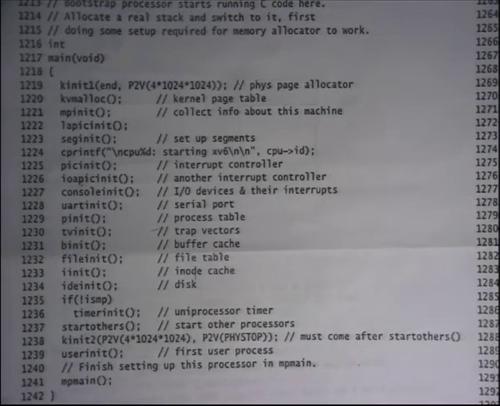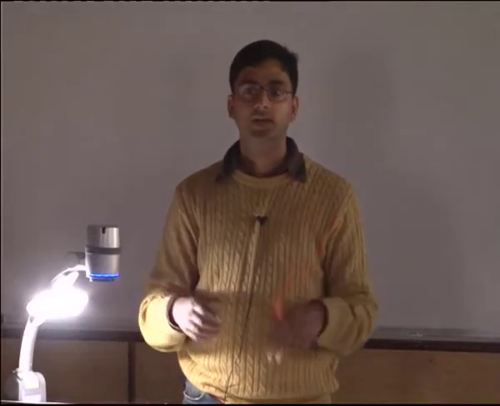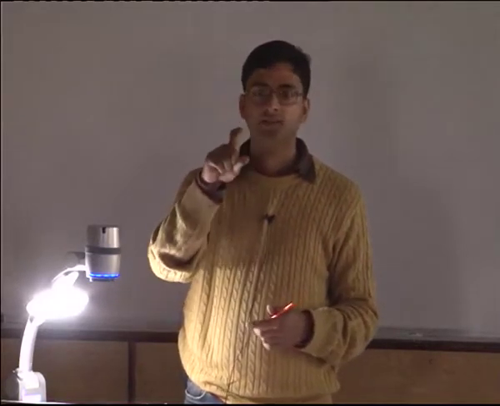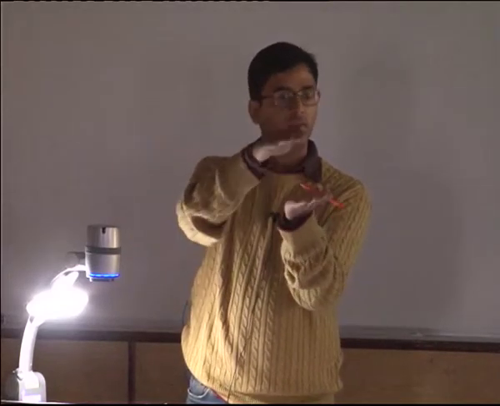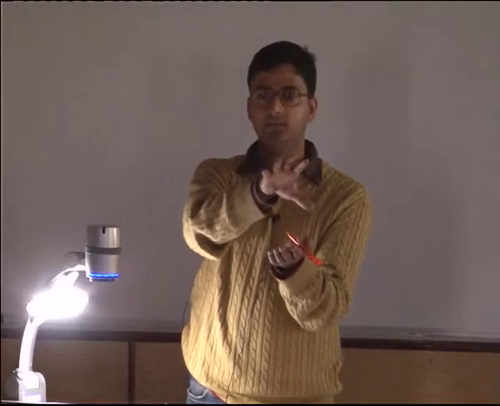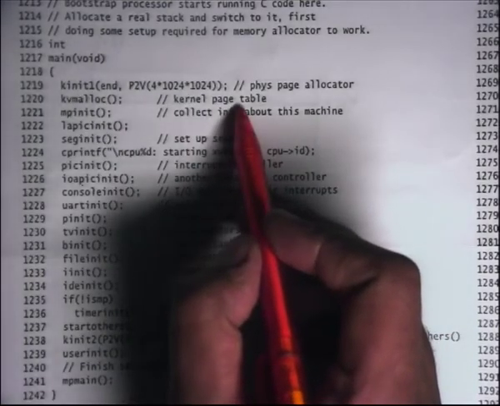Kalloc is just like malloc for the kernel, so you can allocate memory and free memory, except that kalloc only works at page granularity. Malloc can take any size, but one kalloc call will allocate one page and give it to you. Okay. And then there is this function called kvmalloc which will initialize the kernel page table, and that's what I'm going to discuss today, right.